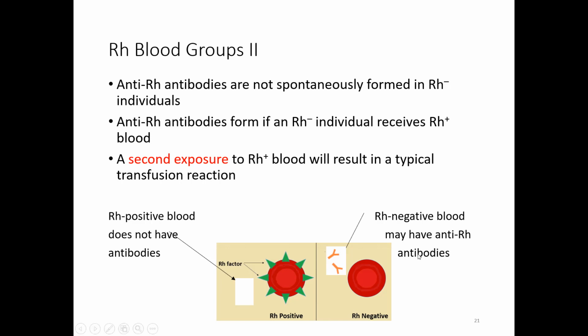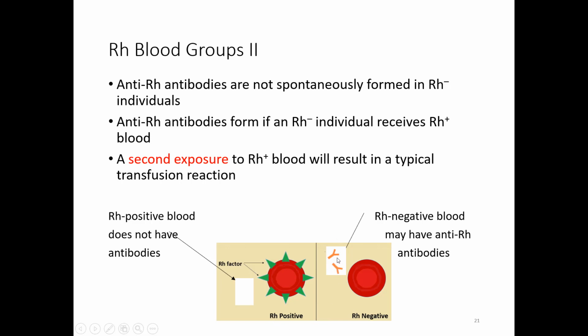We said that sometimes people with Rh negative blood have anti-Rh antibodies, sometimes they do not. What does it depend on? Well, people who have Rh negative blood are not born having those anti-Rh antibodies. They can only develop them after the first exposure to Rh positive blood.